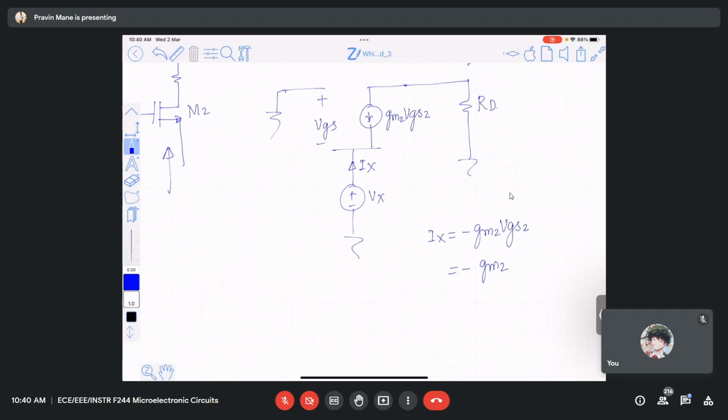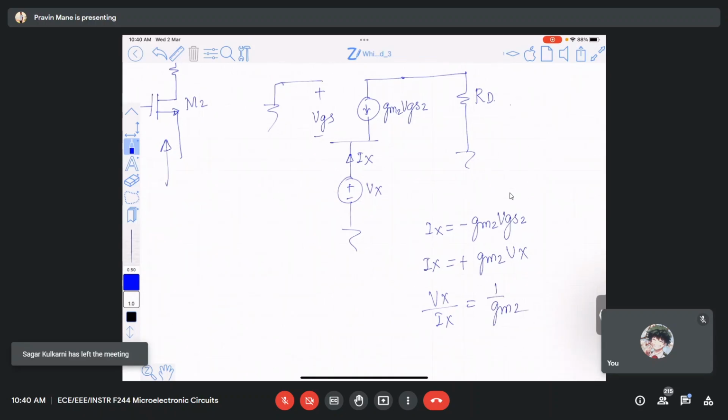Minus Vx. Minus Vx is Ix. So what is Vx by Ix? 1 by GM. Is RD coming into the picture? No, sir. RD is not coming into the picture, right?